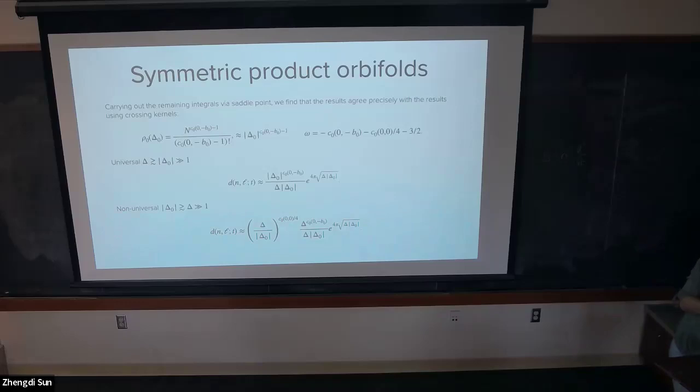And there's this universal growth in terms of the different charges. And this is precisely the result that you would expect from the crossing kernel analysis. And now the logarithmic correction, again, depends both on this omega and on the ground state degeneracy.